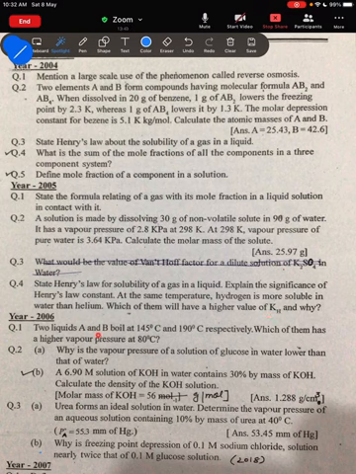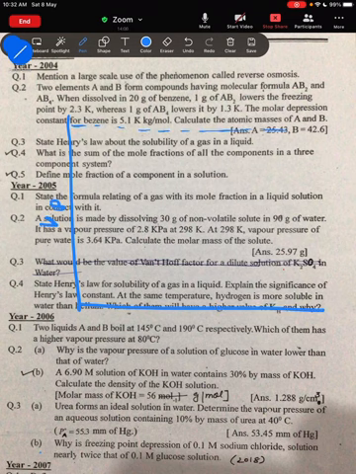Two liquids A and B boil at 145 degrees Celsius and 190 degrees Celsius respectively. Which of them has higher vapor pressure at 80 degrees Celsius? For that we take the graph of vapor pressure, with the atmospheric pressure, 1 atm, and temperature marked on the x-axis.